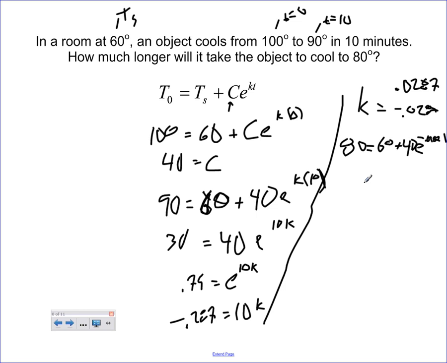Subtract 60 from both sides, divide by 40. I end up with 0.5 equals e to the negative 0.0287 t. Natural log both sides, I'm going to end up with negative 0.0287 t equals the natural log of 0.5, which is negative 0.693.